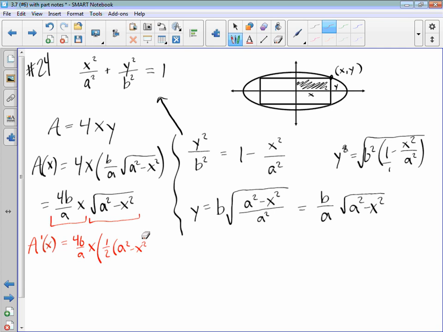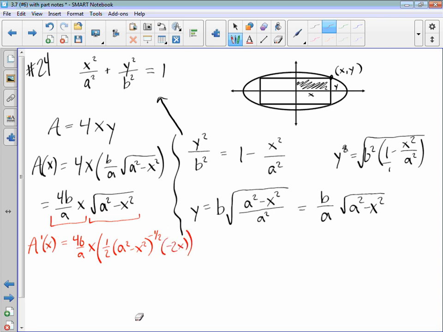Yep, a and b are just constants. So when I take the derivative of a squared minus x squared to the 1/2, I pull the 1/2 down, I leave the inside alone, it's to the -1/2. Now what's the derivative of the inside? Just -2x, because this is a constant. When you take the derivative, it's 0, so it's just -2x.